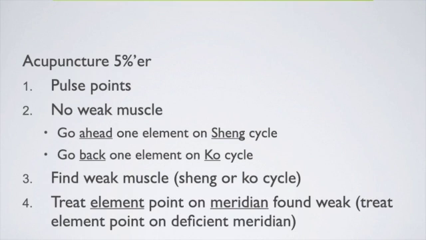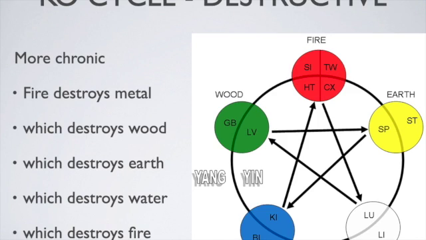So then we go forward on the Shen cycle, and we would test a heart-related muscle, subscapularis, and let's say that that muscle tests weak. And it strengthens to its own alarm point.